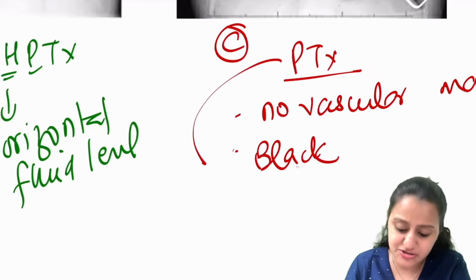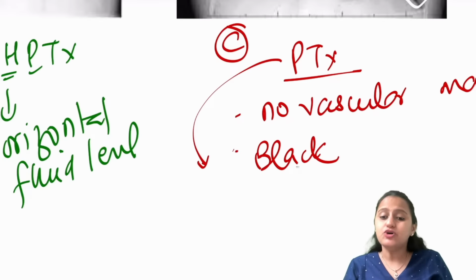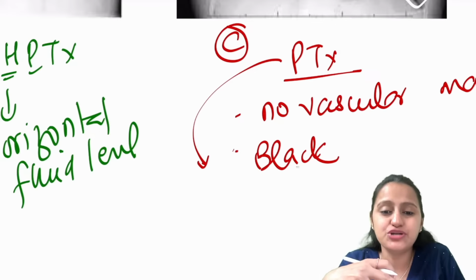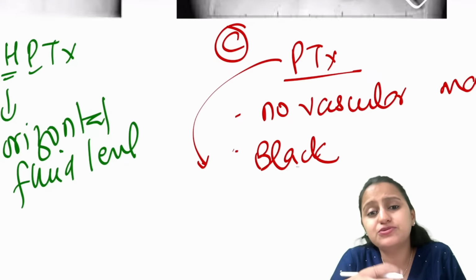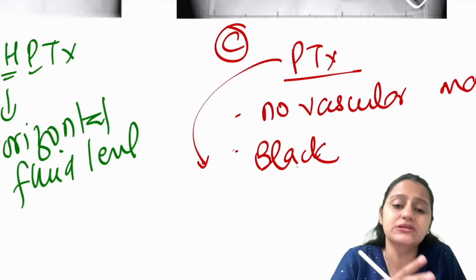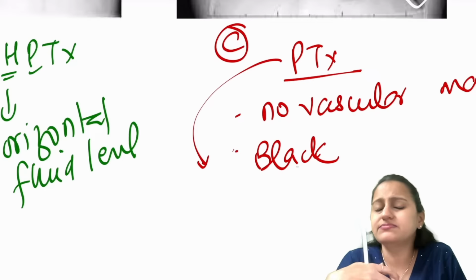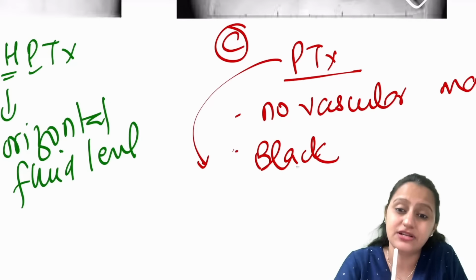Pneumothorax, if it causes tracheal shift, will cause tracheal shift to what side? So when do we use the term tension pneumothorax? Tension pneumothorax is a clinical diagnosis. If the patient is unstable, the blood pressure is low, then you call it, and radiologically, the sign of tension pneumothorax is mediastinal shift.